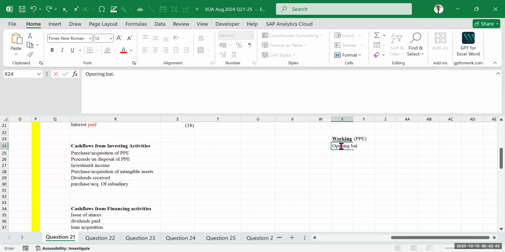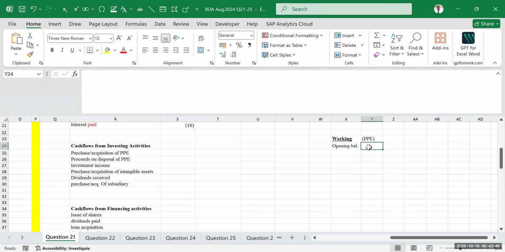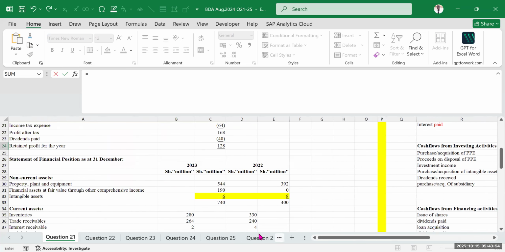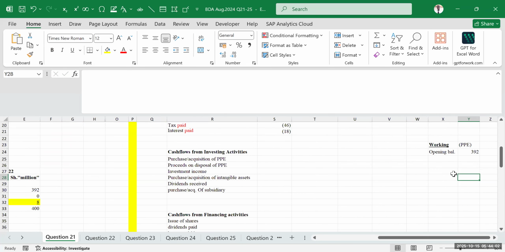So let us go to the statement of financial position and pick the opening balance on the PPE account. If you look at this, the opening balance is the one under 2022, the 392. I pick that.